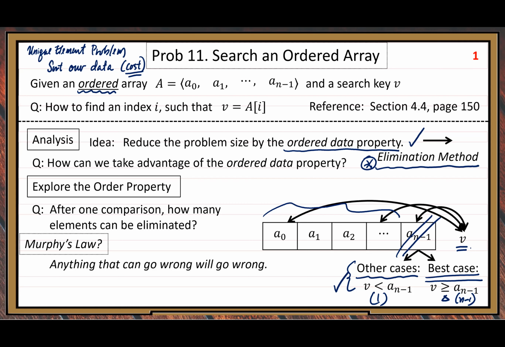So in order to avoid this kind of situation, we want to find a better way to do our first comparison. The better way should be, even for the worst case, we can eliminate the maximum possible number of elements.